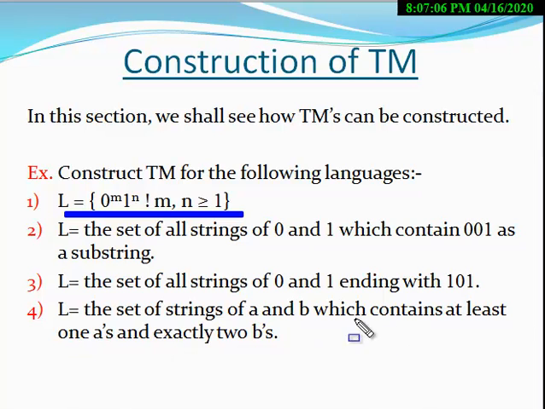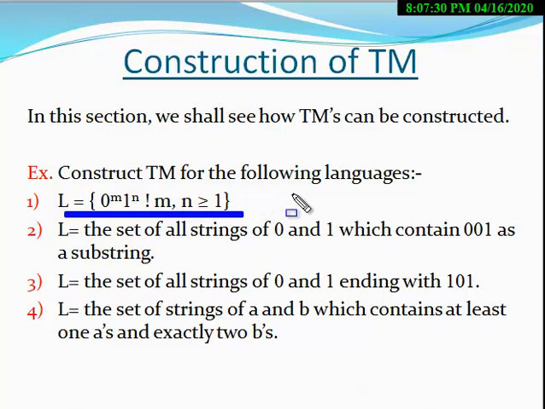Here also there is no relation between the number of A and B. If there was some relationship between the number of A and B, then that language could not be regular, right? So given all these languages, you have to construct a Turing machine corresponding to them.